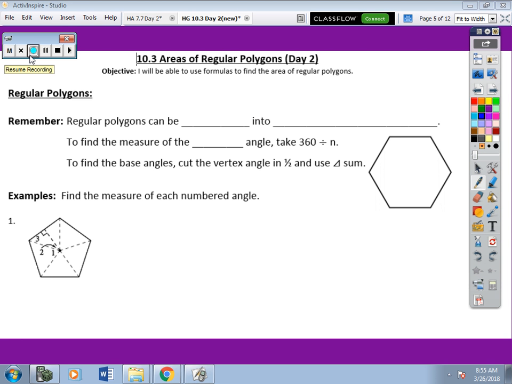Alright, so if you remember from Friday, we actually looked at some examples where we drew in segments to create triangles inside of the polygons. So regular polygons can be divided into isosceles triangles.